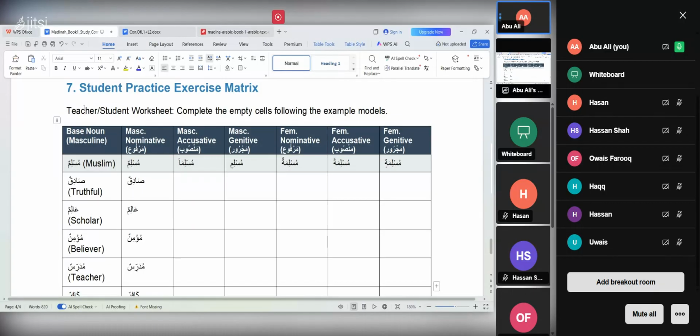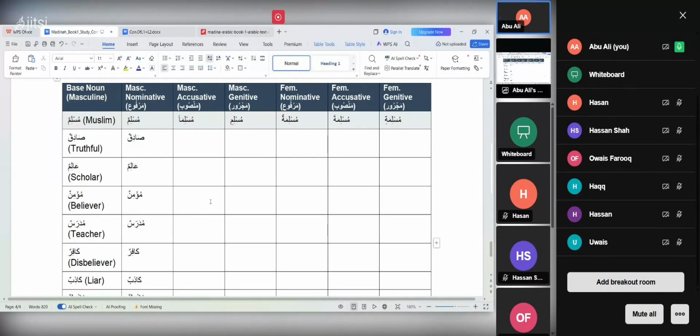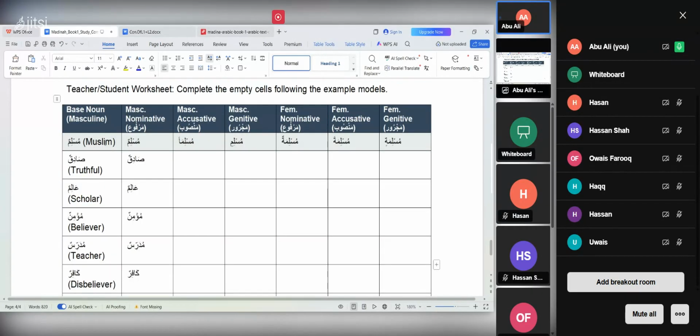This is a practice sheet. What I want you to do in your time is to add the different forms of harakat, التنوين, and in masculinity and femininity. So let's take the first example. Muslimun, Musliman, Muslimin.